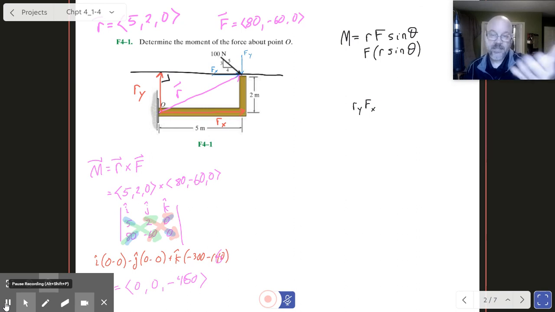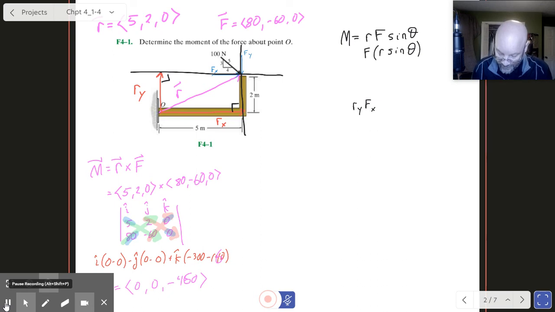Okay. And in this particular case, that would happen to be a clockwise effect. Okay. So Fx is this way, Ry is up. It's trying to kind of make it go like this here. Okay. But we could do the same thing with Fy, right? Here's my line of action for Fy, and it's perpendicular to Rx.